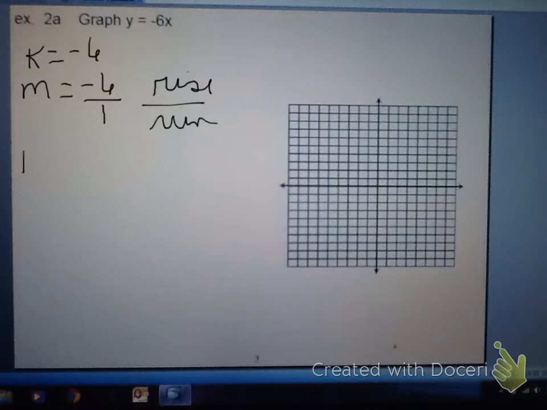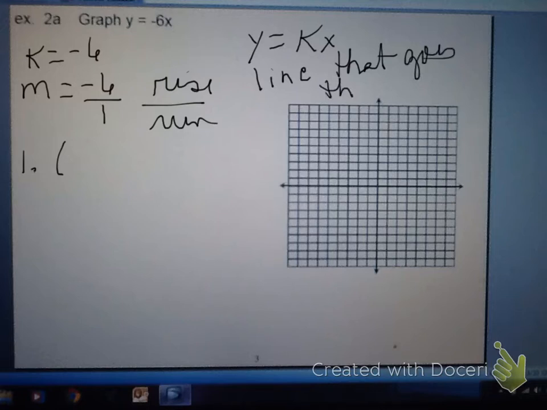You first want to start at the origin. Any constant of variation, if it's in the form of y equals kx, always goes to the line that goes through the origin.